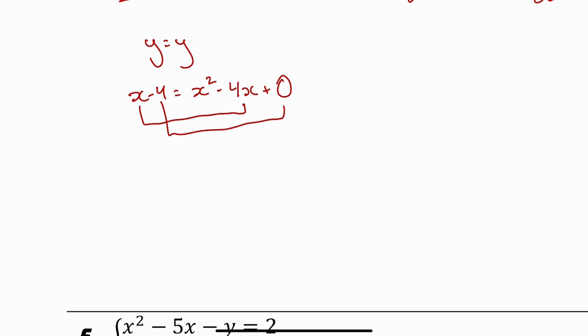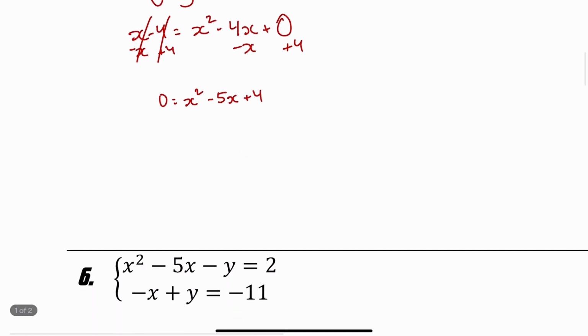So I combine my like terms. I can subtract x on both sides. I can add 4. Whatever I do on one side, I have to do on the other side. That's algebra. So 0 is equal to x squared minus 5x plus 4.